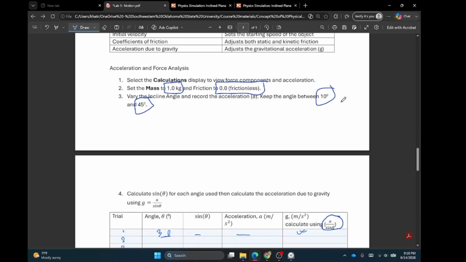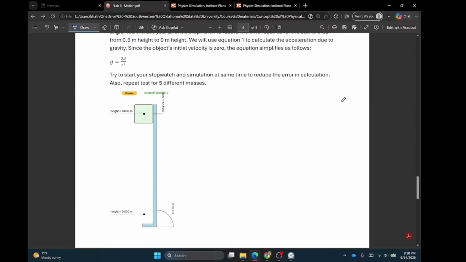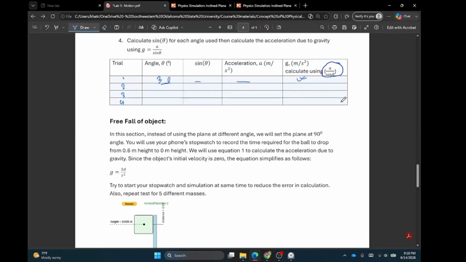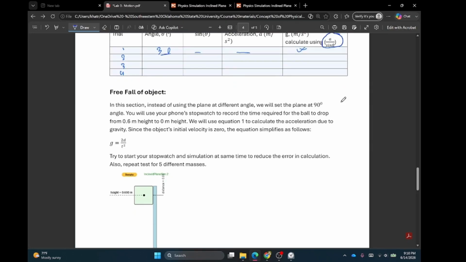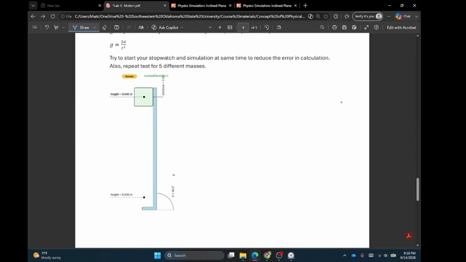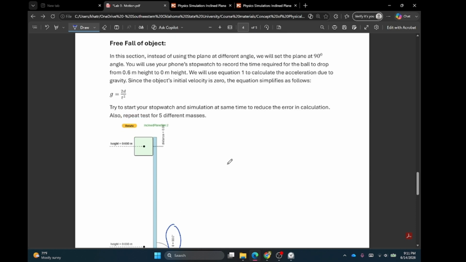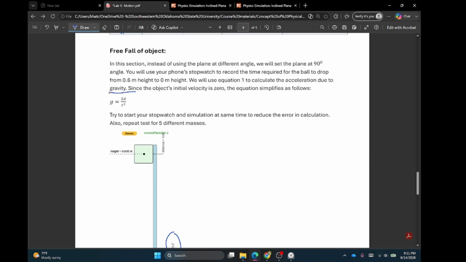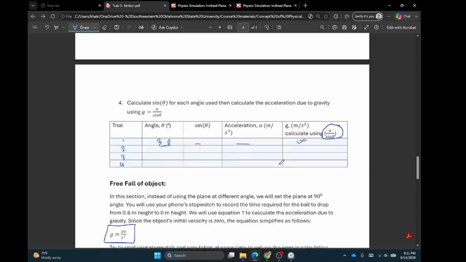And in the second part of the lab, instead of using an angle between 10 to 40, we'll use a 90-degree angle, which basically creates a free fall. Since there's no friction and air resistance, this object will fall under gravity, and we call this kind of fall free fall. We'll use this information to calculate acceleration due to gravity using the kinematic relation shown here.